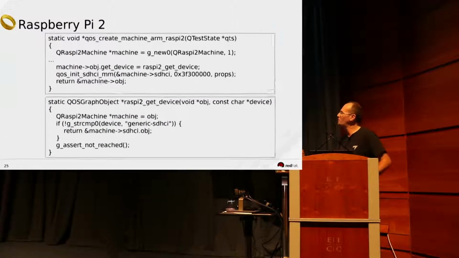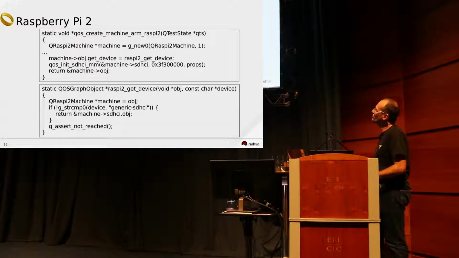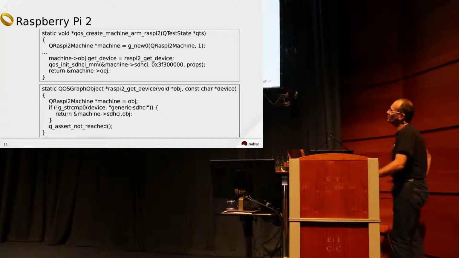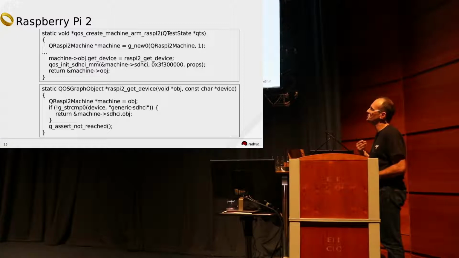So some examples. The first box is the constructor of the Raspberry Pi machine. What is important in this case is the line qos_init_sdhci_mm. This line is a function. It's the constructor of the driver contained by the machine.